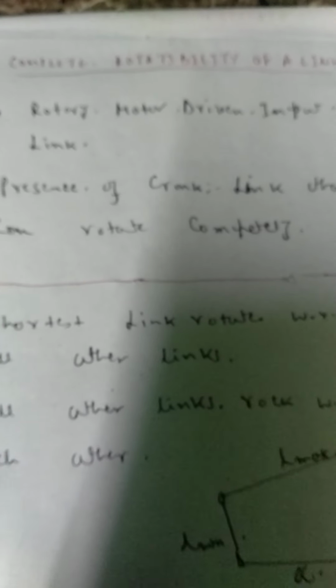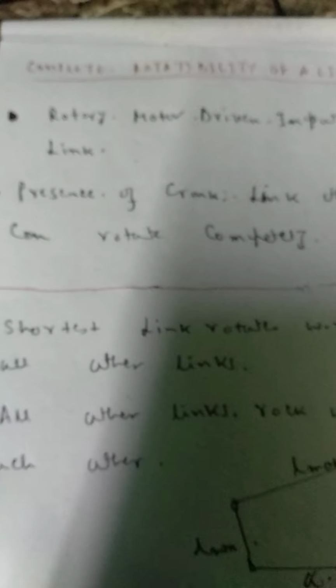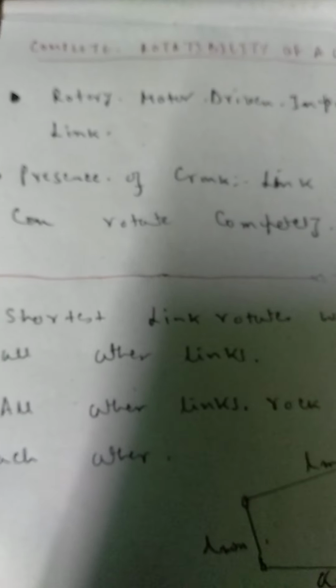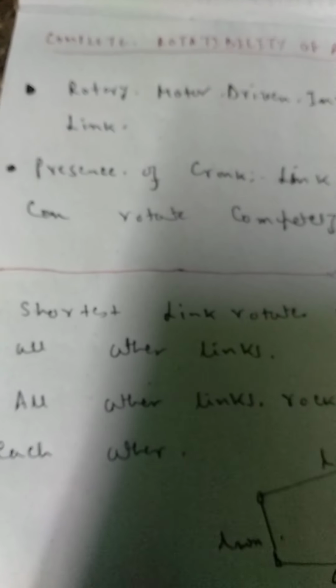So various types of chains we can get depending upon which link we consider as the fixed link. So now we'll see the inversions of 4R Grashof.